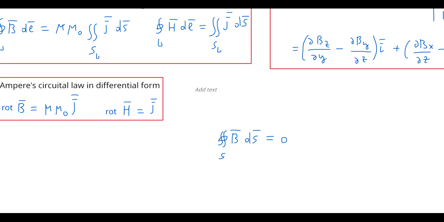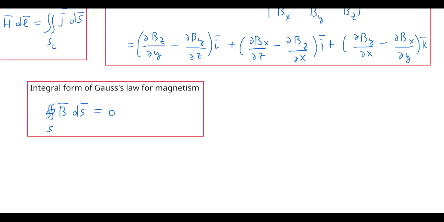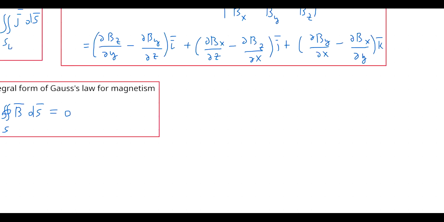And in the same way, we can write the differential form of Gauss law for magnetism.